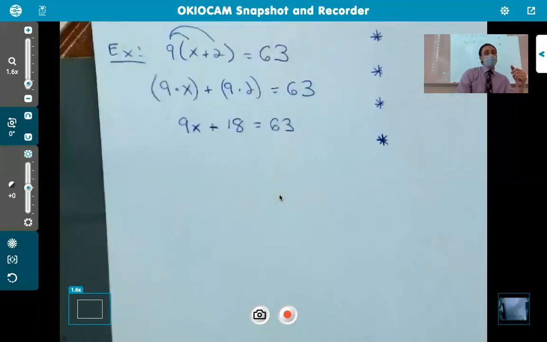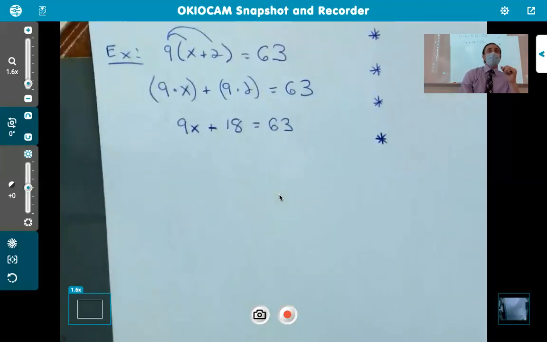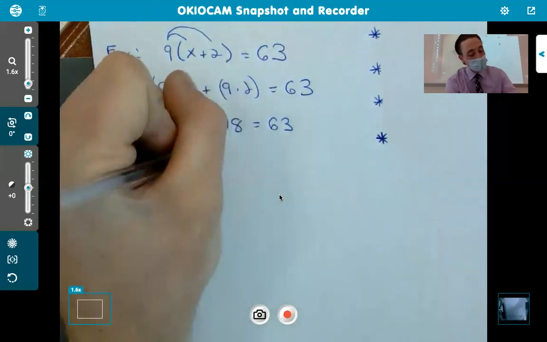Well, think back to what we did yesterday in class, right? Our objective in all these problems when we're solving equations is to get a value for that variable, right? So I'm trying to get x, my variable, by itself. In order to do that, I need to get rid of addition and subtraction first. So what is that extra term that I need to move to the other side right now? 18, right? If I truly am getting rid of addition and subtraction, I need to move the 18.